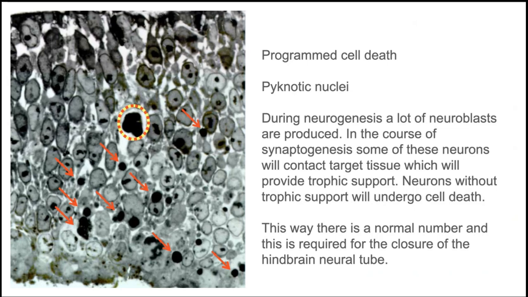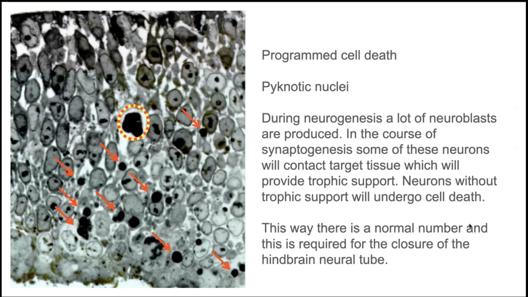Why is programmed cell death important? Well, during neurogenesis, which is when you have the formation of your neural tube, so again, we're still in the neural tube, there are a lot of neuroblasts that are going to be produced. During the course of synaptogenesis, some of these neurons are going to be able to contact the target tissue, and the target tissue is going to give them trophic support.